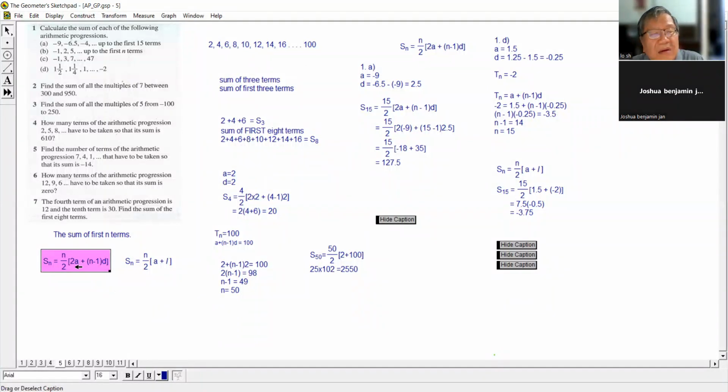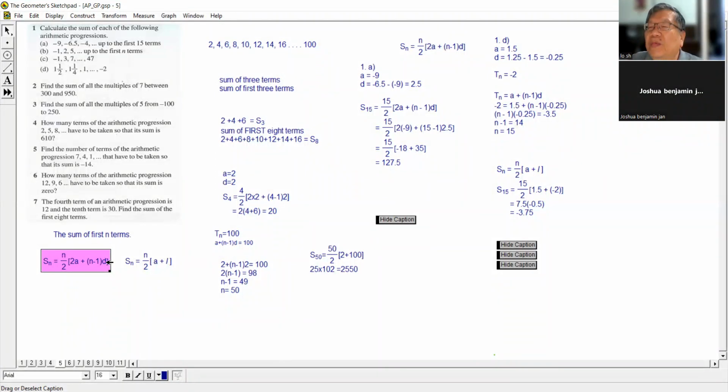They are A, which is the first term, D, which is the common difference, and also n, how many terms are there? Only after knowing these three things can you find the sum of the first n terms. Any one of them you don't know, you have to find out first before you use the formula.